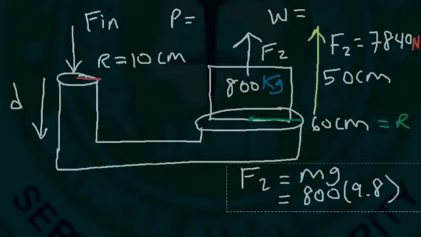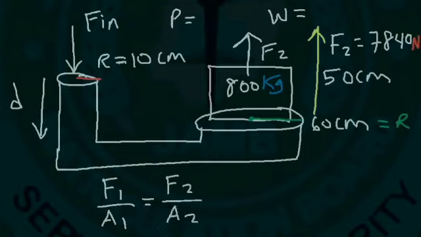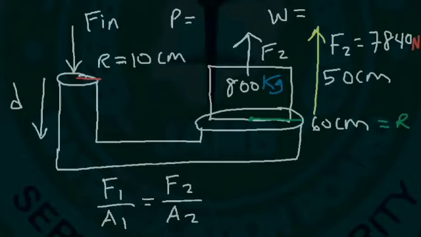So now that we have F2, we can calculate F1. F1 divided by A1 is equal to F2 divided by A2. The input pressure is equal to the output pressure, according to Pascal's principle. So looking for F1, A1 is pi r squared, but like in the last example, we can cancel the pi constants.